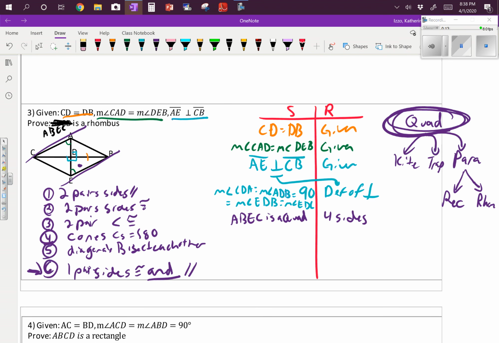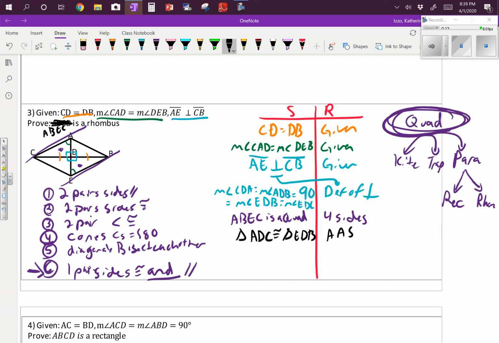All right. So now we've got a mission. I want to prove 1 pair of sides both congruent and parallel. In order to do that, we want the 2 triangles to be congruent. So I'm going to say triangle ADC is congruent to triangle EDB by angle side.